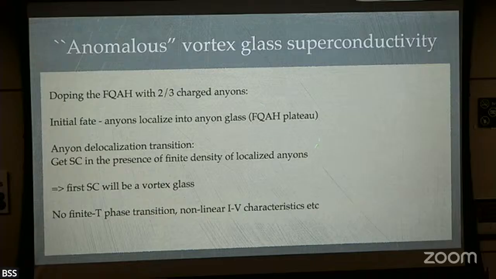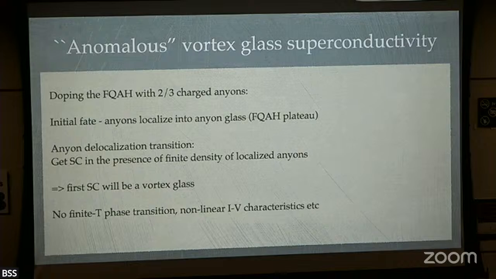And so you can call it an anyon glass, much like the Bose glass in the superconductor insulator transition. And now, as you add more anyons, you'll eventually have a delocalization transition where the next anyons you add form a mobile fluid. But this is happening in the background of localized anyons, right?